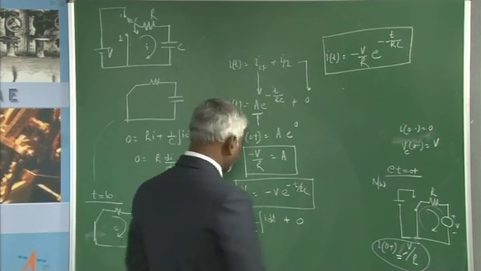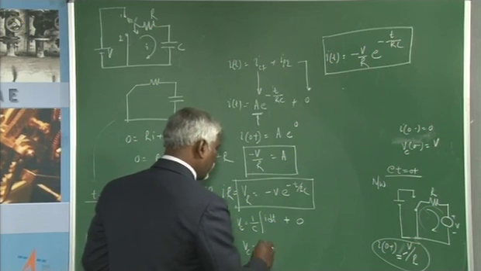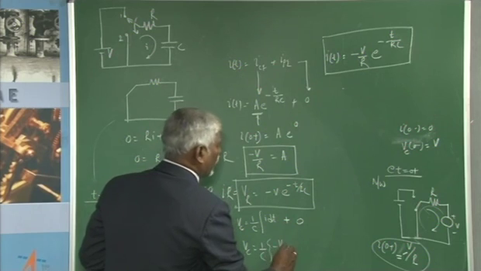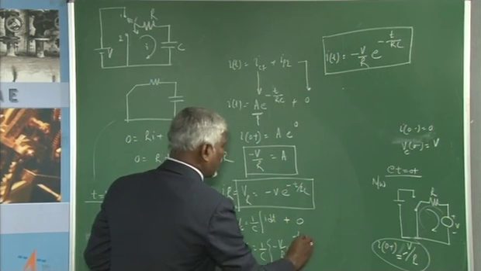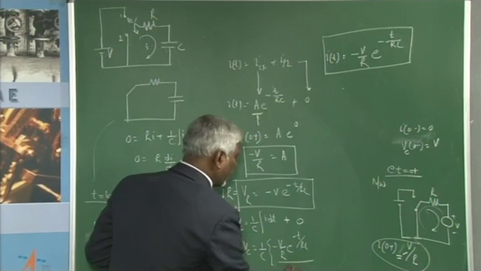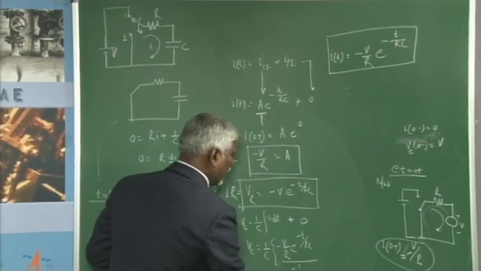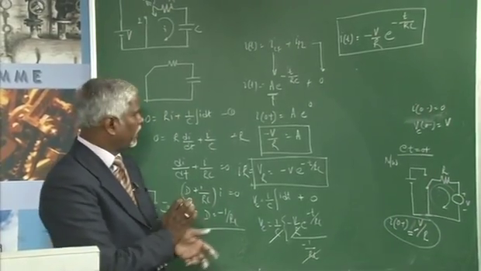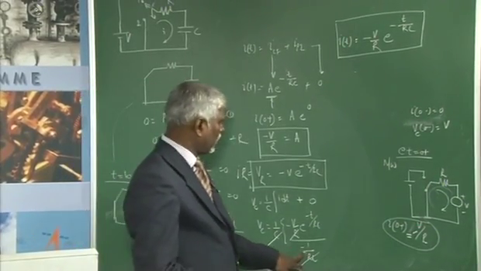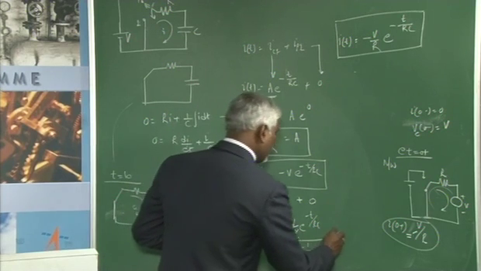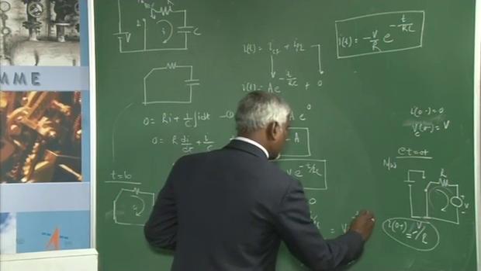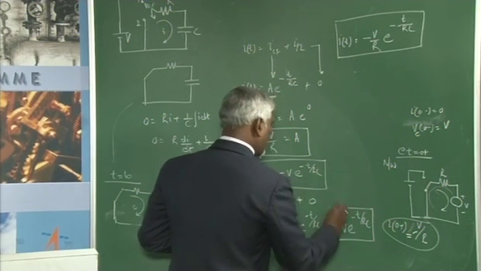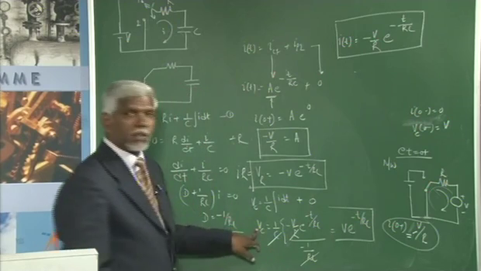VC is equal to 1 by C times the integral of I, which is minus V by R e to the power of minus t by RC divided by minus 1 by RC. RC and RC will cancel out, minus and minus becomes plus, and it will be V e to the power of minus t by RC, which is the voltage across your capacitor VC.